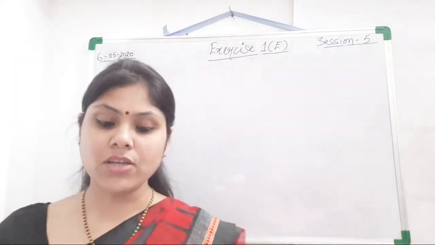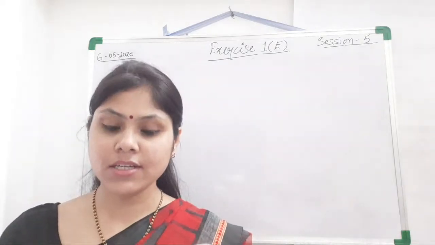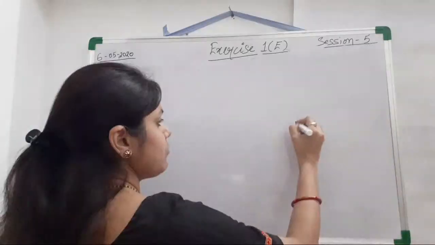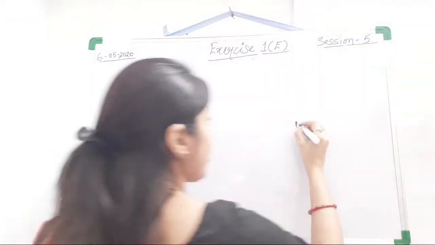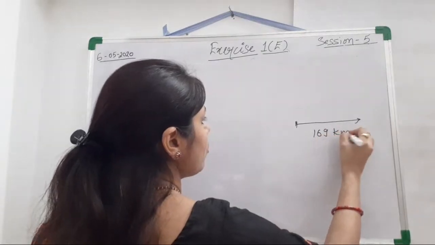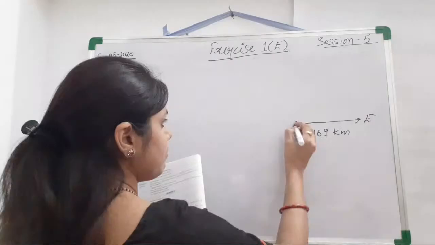A man starts from his home and drives 169 kilometers to the east. If this is the point where his home is, in the east direction he is going 169 kilometers. Okay, and this will be west.